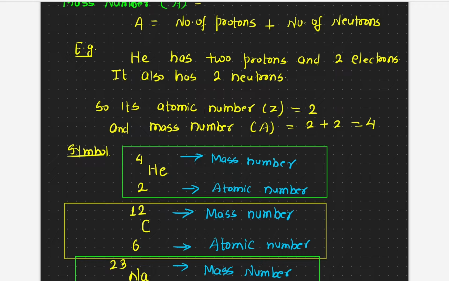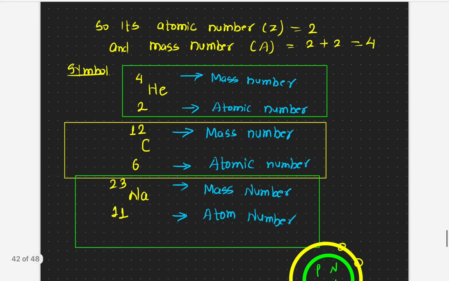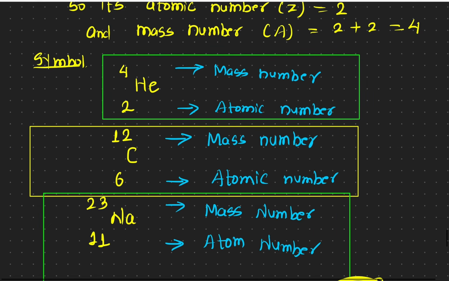So how do we represent any atom with the atomic number and the mass number? That's the standard notation. For example, helium: the 2 means the atomic number, that means just the number of protons.